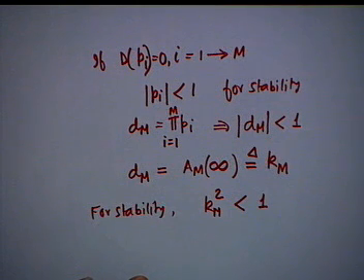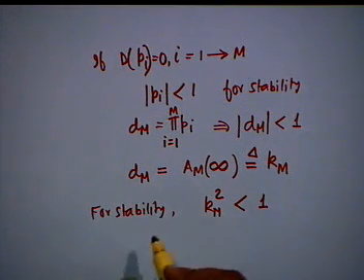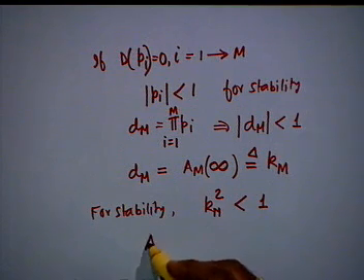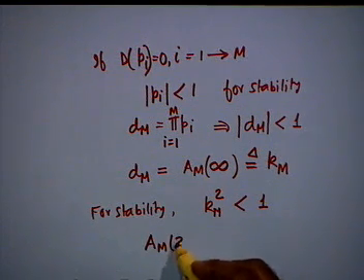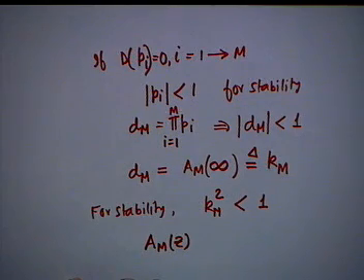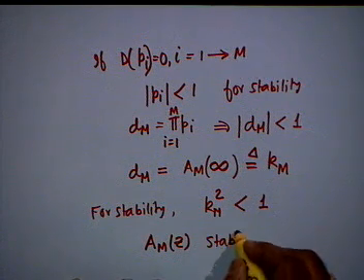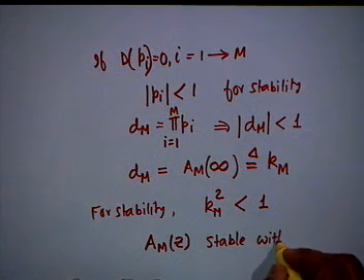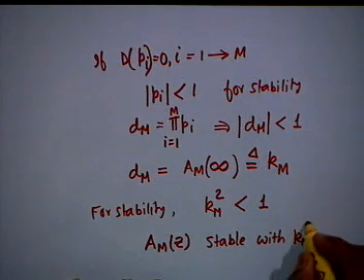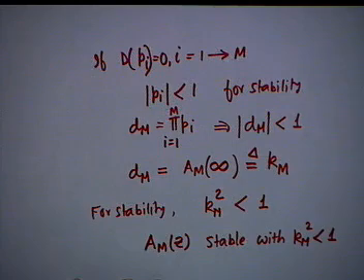This is necessary but not sufficient. It is a necessary condition. Okay? So, let us assume that A_m(z) is stable with k_m squared less than 1.